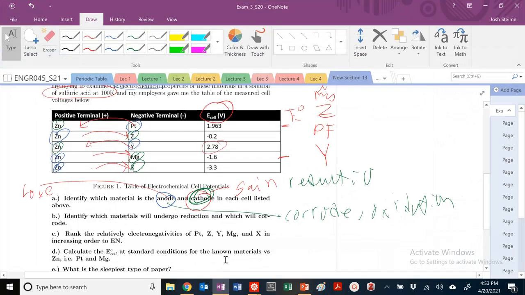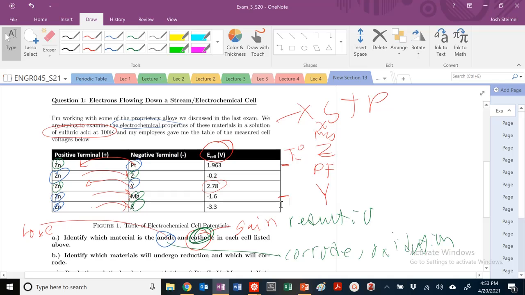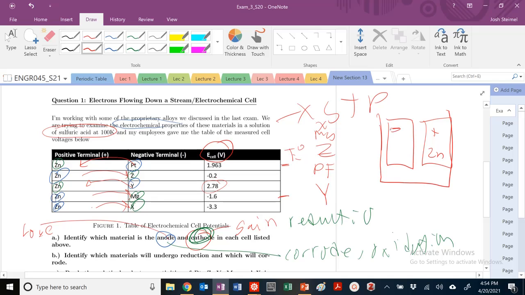Let's go back to our page here and draw this out first, just to get a sense. Here, we have as our positive terminal Zn, and our negative terminal, and you might be asked to write these full cell reactions as well, is Pt. In general this should be our cathode material, so electrons flow from here to here.